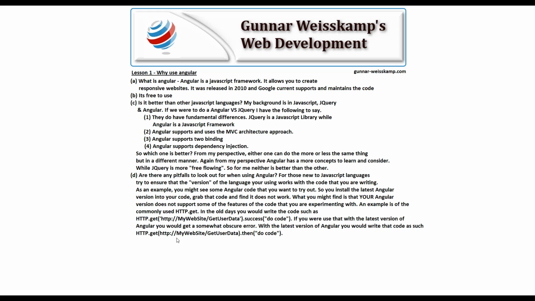Use the HTTP GET, again the same URL here, but you use this then keyword rather than the success keyword. So if you come across that, you would scratch your head because you'd have the success keyword and you think, oh, all looks okay, but the version's different. So one version works with the success, another version of Angular works with the then keyword, so this can cause you a bit of a headache initially when you're getting used to the language.